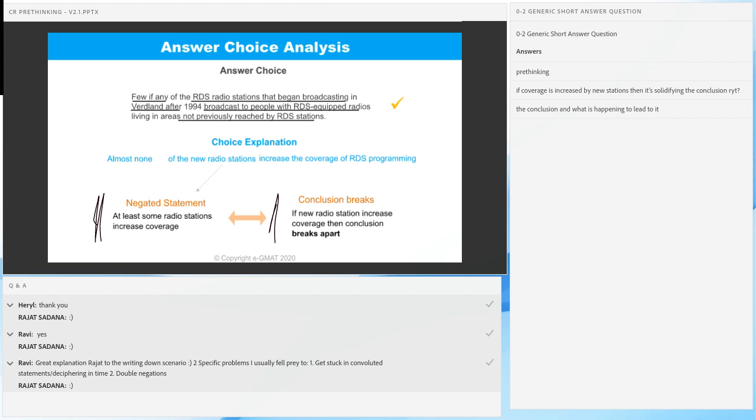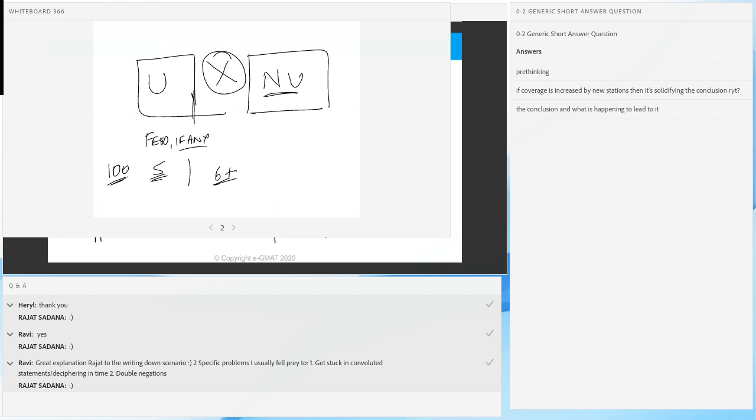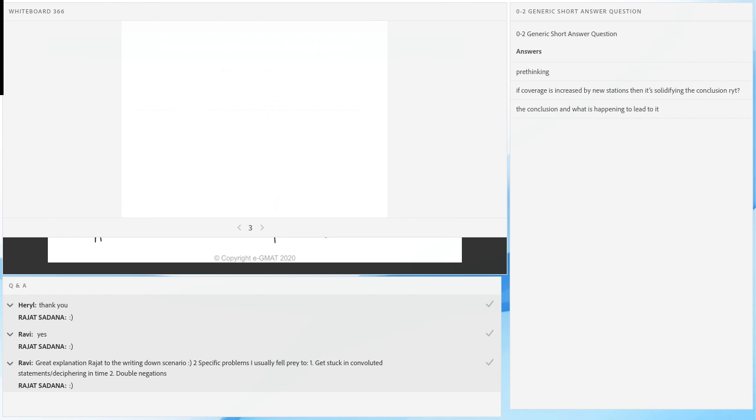Okay. How does this break the conclusion? If you had these people who had the right kind of radio sets but had no coverage, but then you added these new radio stations in those areas and that increased coverage, then yes, the number of people receiving RDS programming has gone up. Or in other words, let me just share a new whiteboard. So let's say you had this area overall, and these are your people who are everywhere in this case.